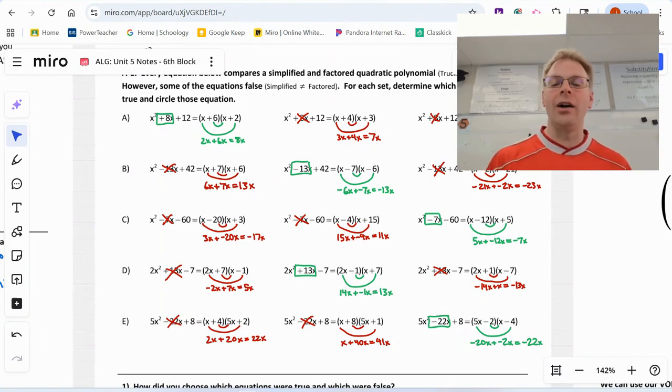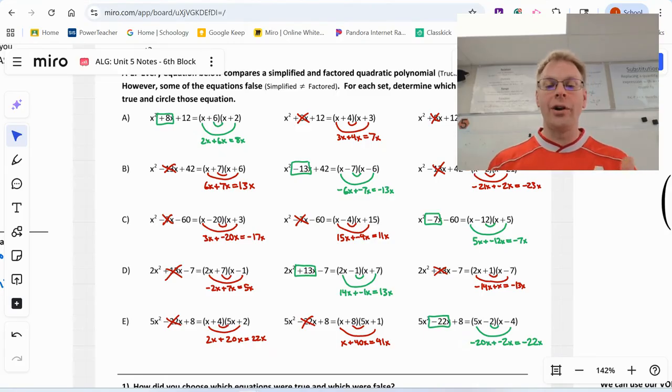How can we tell which pair of factors is correct when the factors correctly match, for all of them, the wrong ones included, the leading term and the constant term? And hopefully what you realized is we've got to check the middle, right? If the first and the last all work out, it's the middle that's going to tell us which one is actually correct.